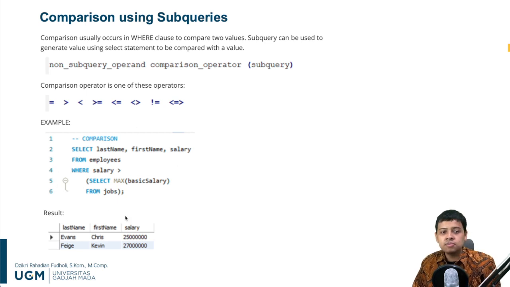In this example, we want to display who has the most salary, who has more than the maximum basic salary. And we can see here, Chris Evans and Kevin Feige with the salary of this much. So these are the comparisons.